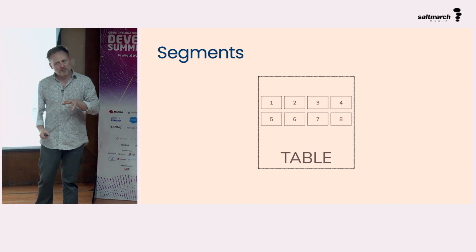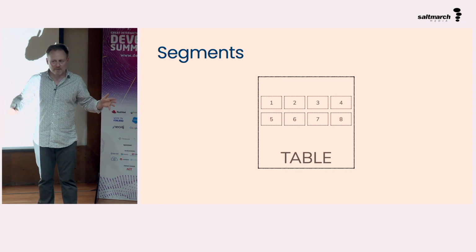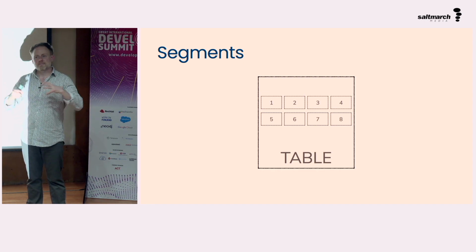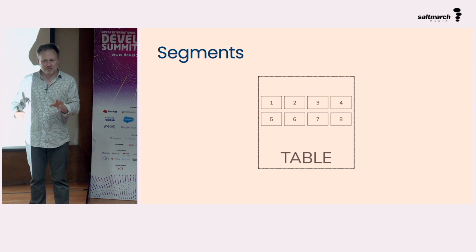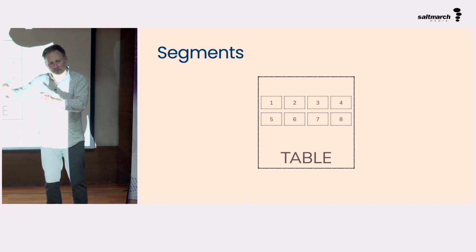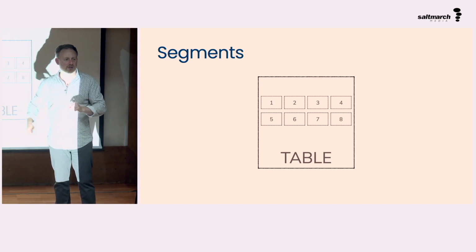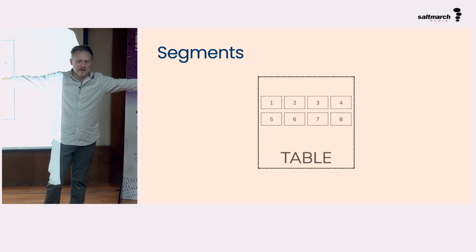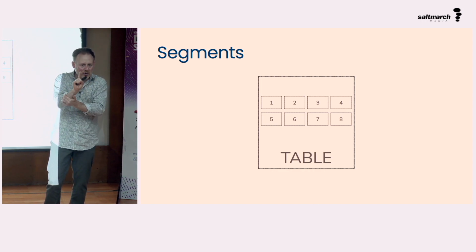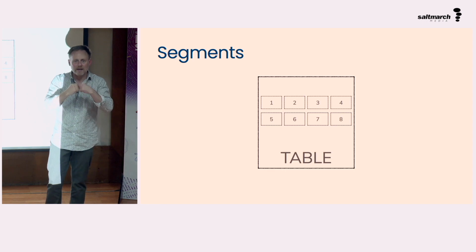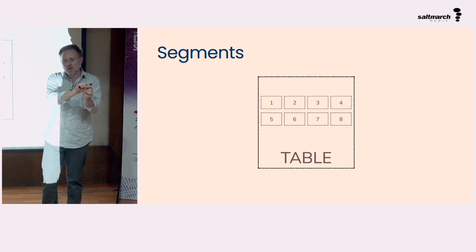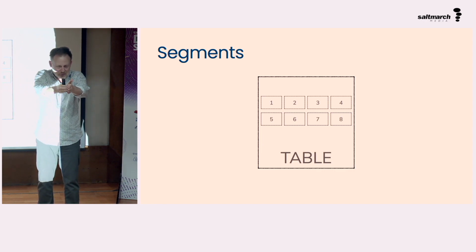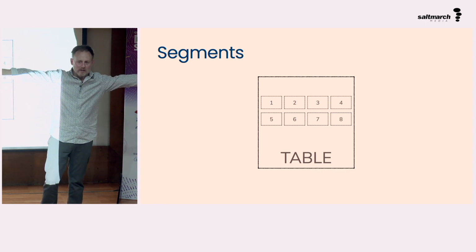In analytics queries, you usually don't select star from table where ID equals. That's just not what you do. You usually select the average of a field, group by, or where such and such, group by such and such. So you're looking at lots of records, in particular, a single measurement. You're usually looking at a metric of some kind, running some reducing function over that metric. So transactional databases want this thing, analytics databases want lots of things.